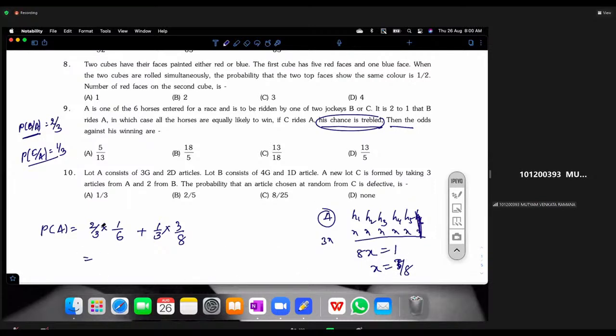So here, let us work in this way. LCM of 18 and 24.